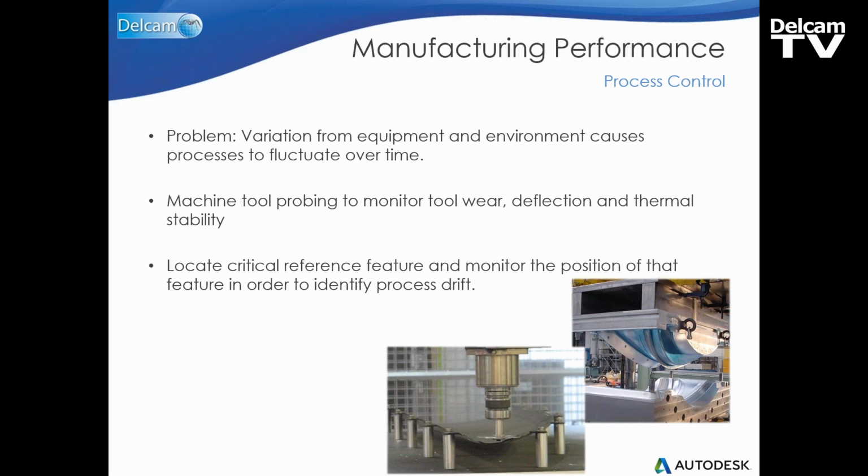Whereas by contrast, if we use this process consistency solution that we're presenting here, using the machine tool probe to monitor the tool wear, deflection and thermal stability, then what we can actually do is insert some logic into the machining program. So we might be machining bore number 1 on a part.